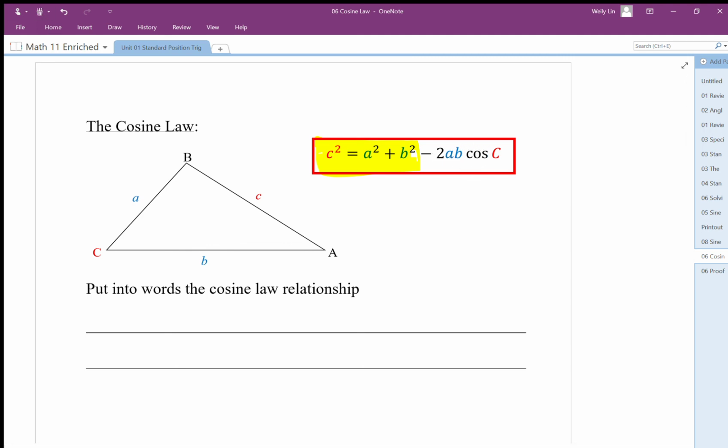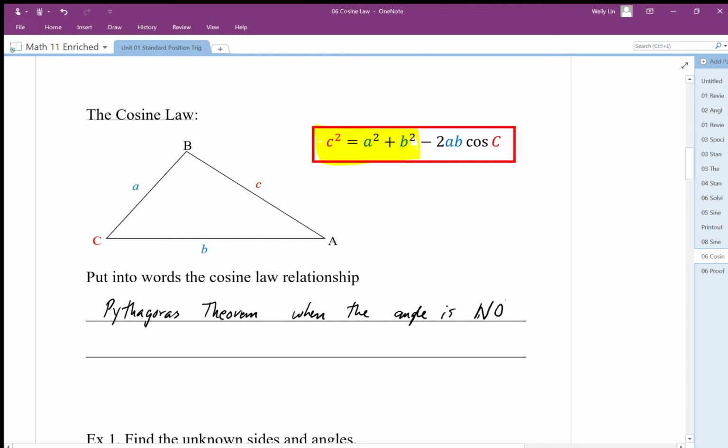So that's how we're going to describe it: the cosine relationship is basically the Pythagoras theorem when the angle is not 90 degrees. And that's essentially the cosine law.